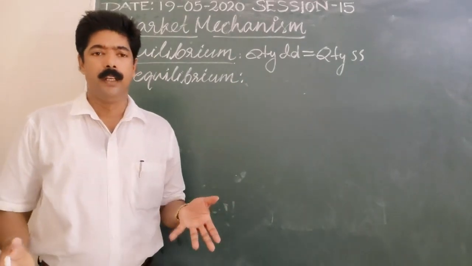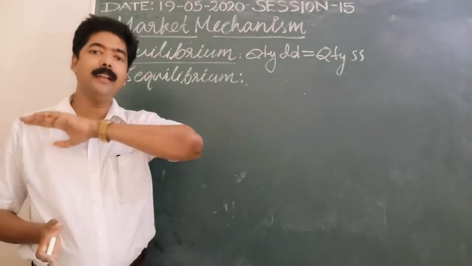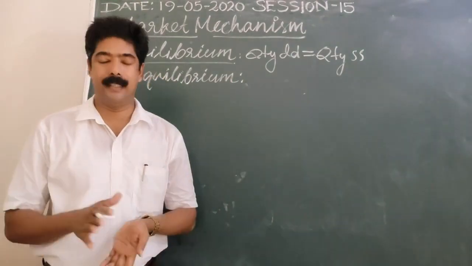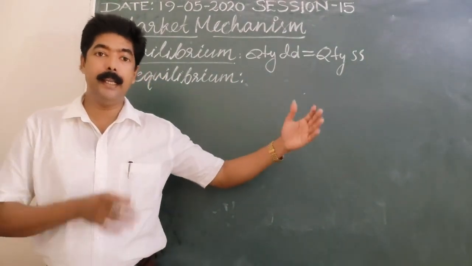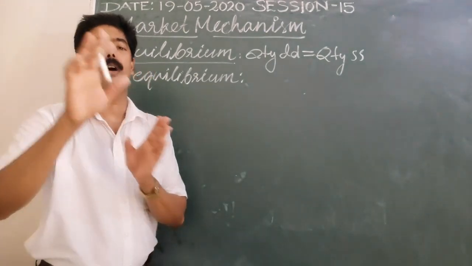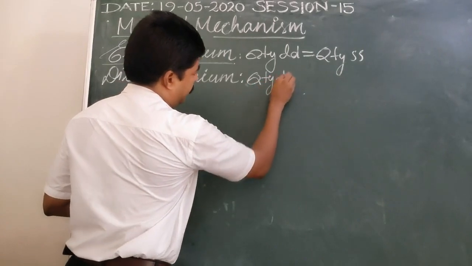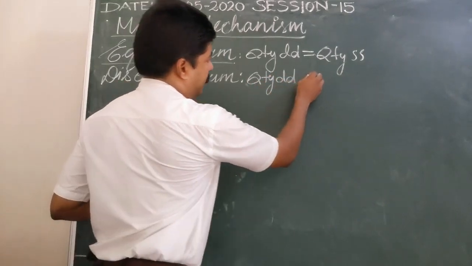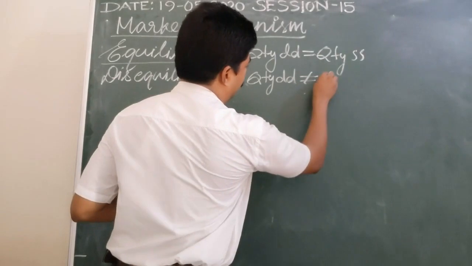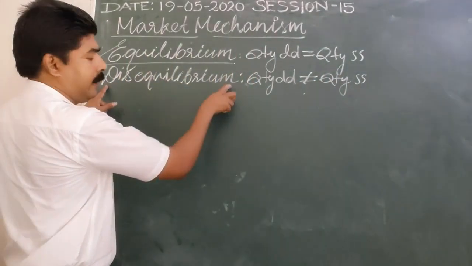Very simple. When the quantity demanded of a commodity is not equal to the quantity supplied, we write it down: that is called disequilibrium.